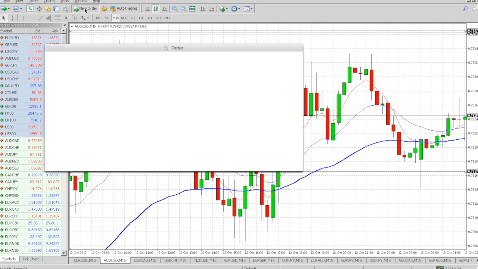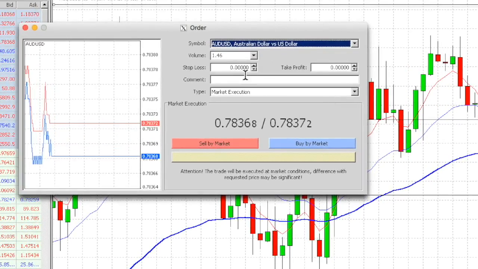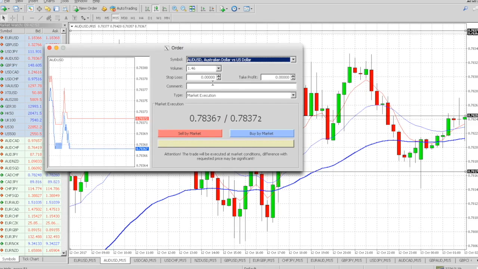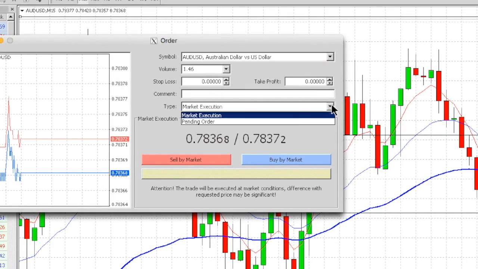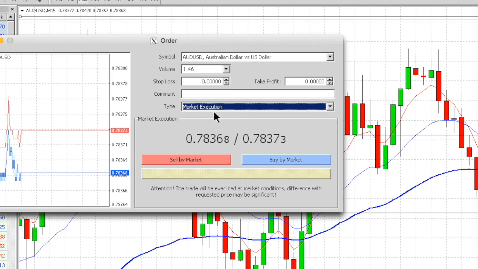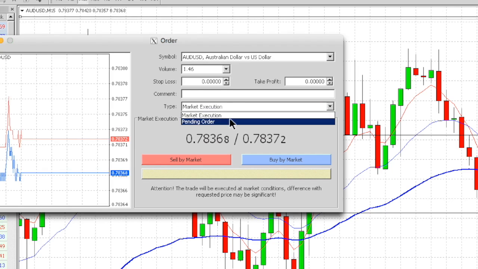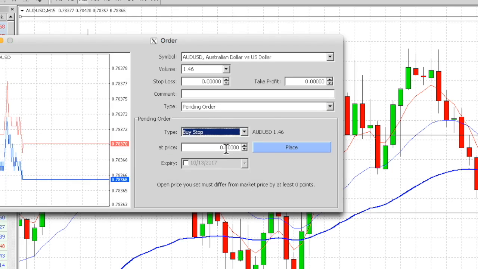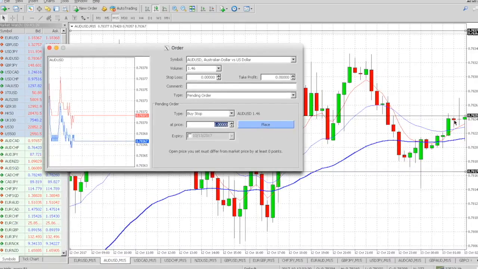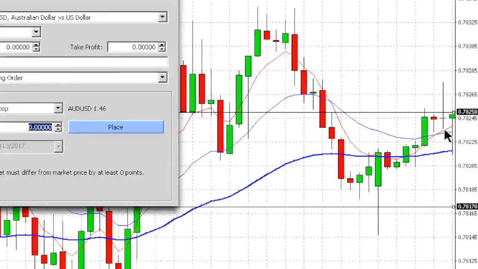I click new order, right? And I got to use my position sizing calculator, so quickly calculate the position size and put in the volume. Go to pending order, buy stop order, key in your price as usual, 0.7825.